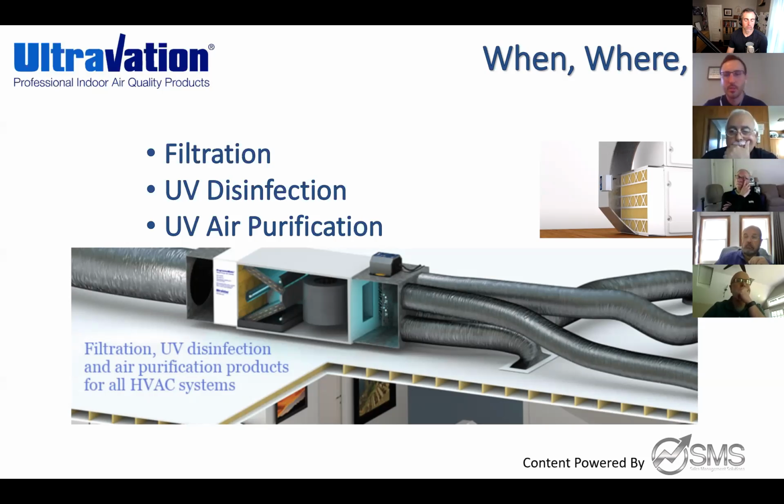You'll see a little product right before the air filter. This is a residential picture of what your air handler will look like. And this is our product called the Orion. The Orion mounts right before your air filter. Basically what that is going to do is electrically charge the particles, allowing them to clump up and be caught by the air filter.